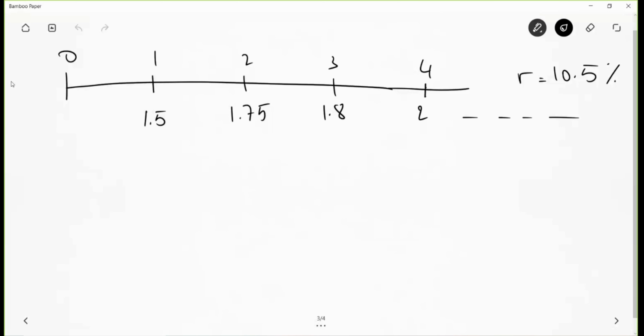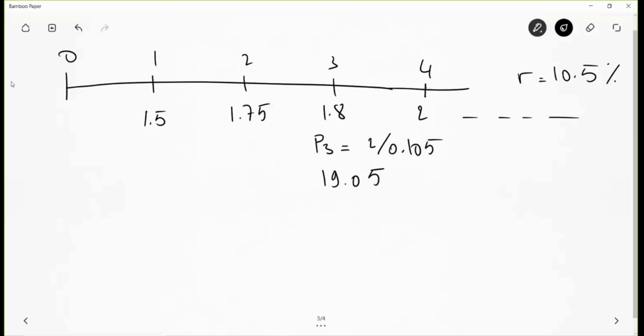So because I have D4, the first constant dividend, I can compute P3, where P3 is equal to 2 divided by R, 0.105. So the price in this case is equal to 19.05.